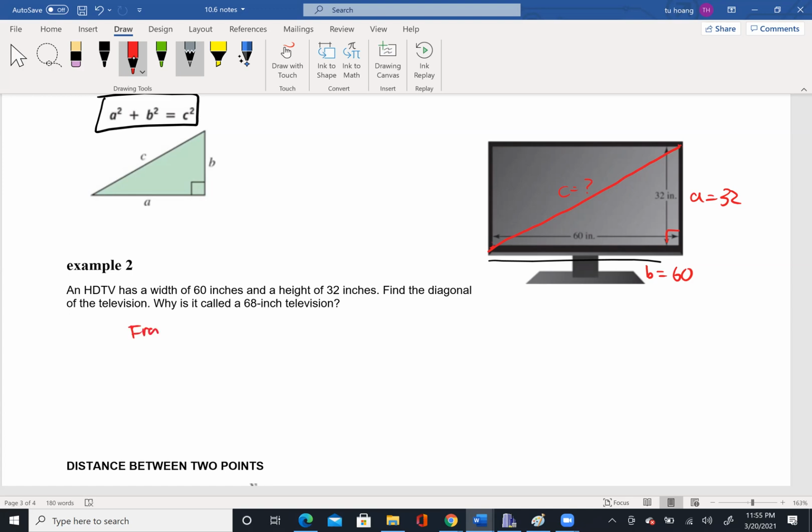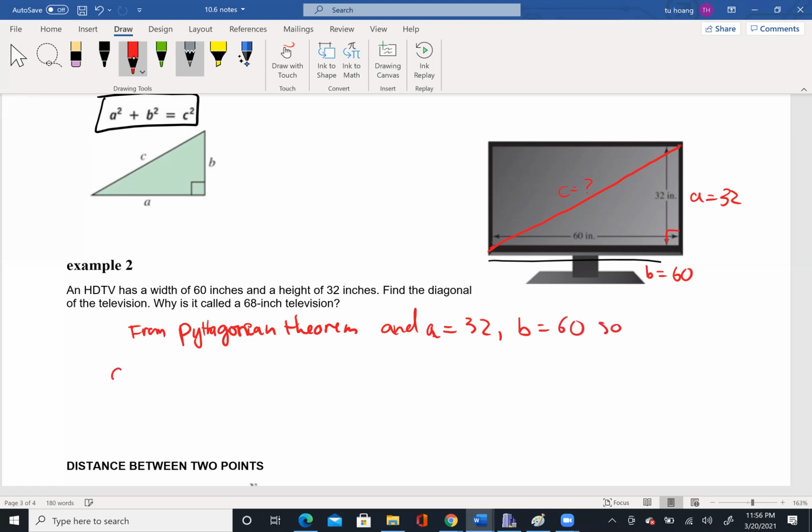From the Pythagorean theorem, we have A equal to 32, B equal to 60.